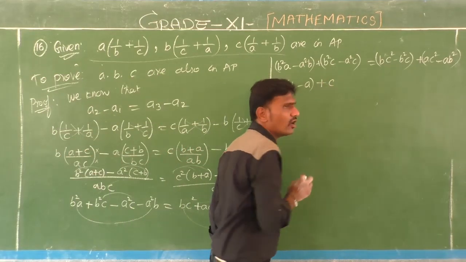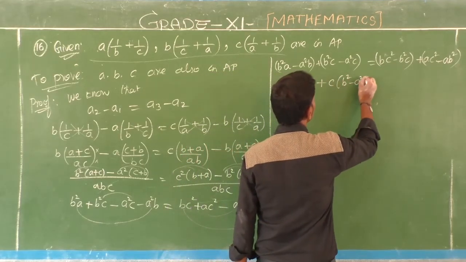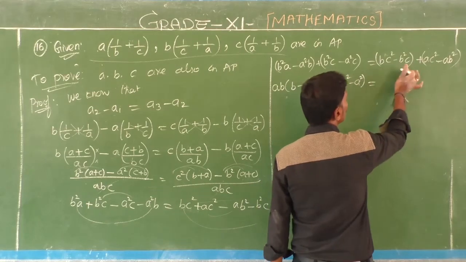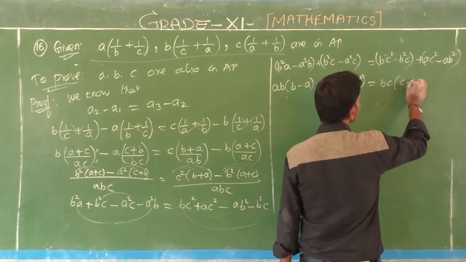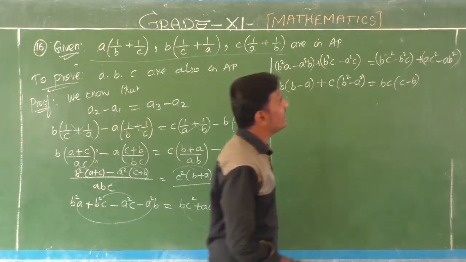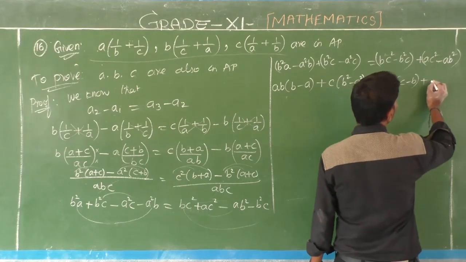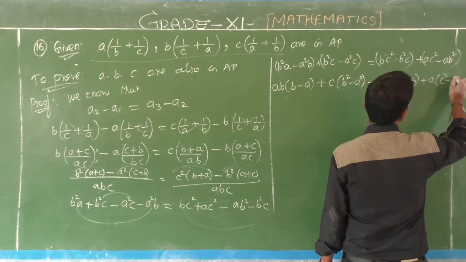C I am having a common term. So if you are taking C outside, meaning you have B square minus A square, which is equal to, here also you are going to take BC as common, so the remaining is C minus B. And next you have common for A, so the remaining is C square minus B square.